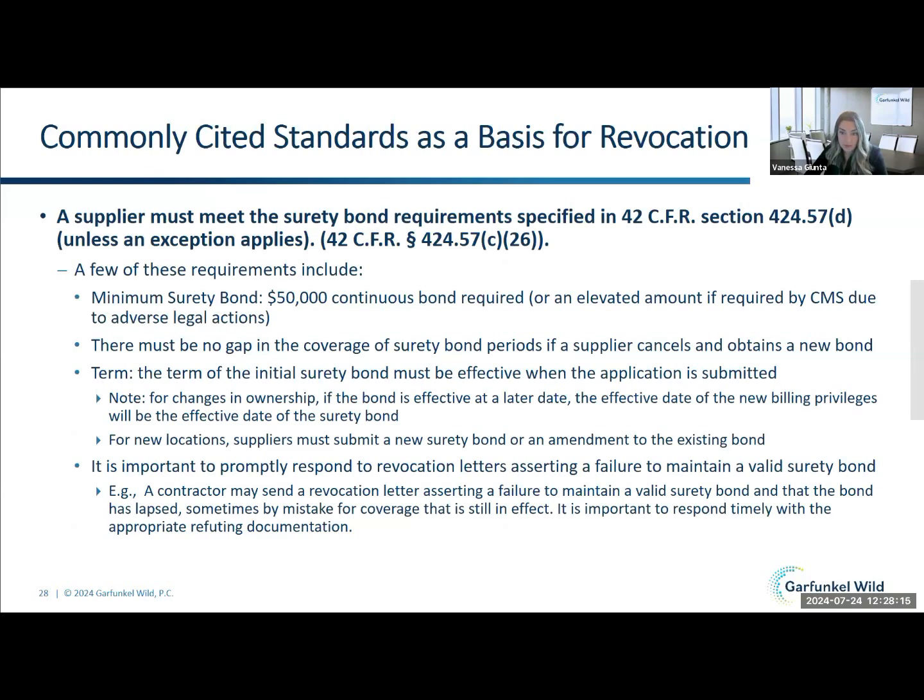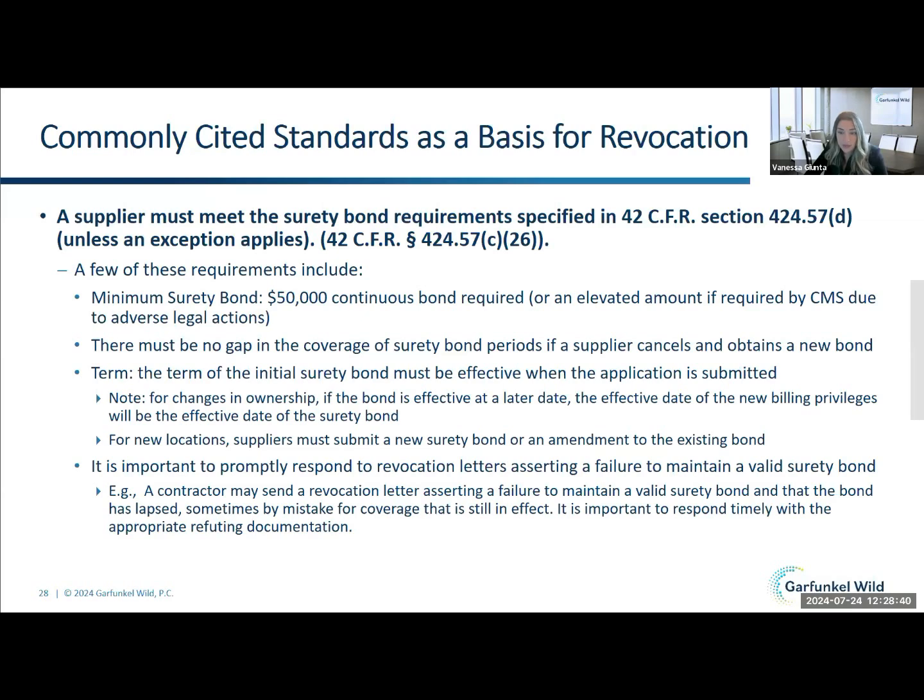So suppliers also have to meet surety bond requirements, which we've brought up before. And some of the key requirements here include having a minimum continuous surety bond of 50,000 or more if you're required by CMS due to some history of adverse legal actions. You cannot have a gap in coverage if the supplier cancels and obtains a new bond.